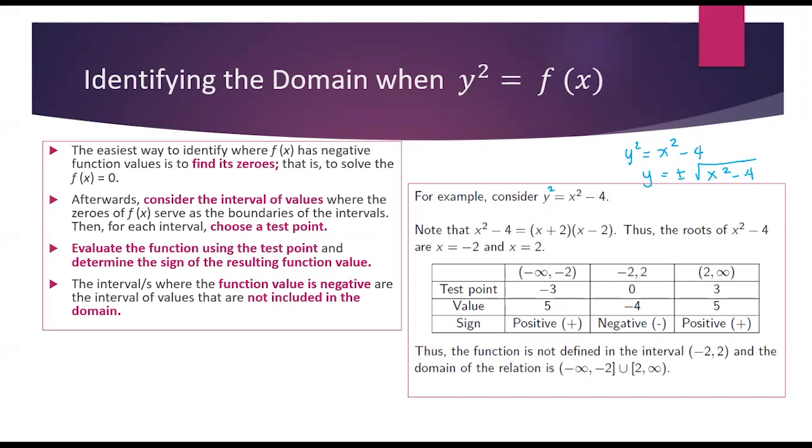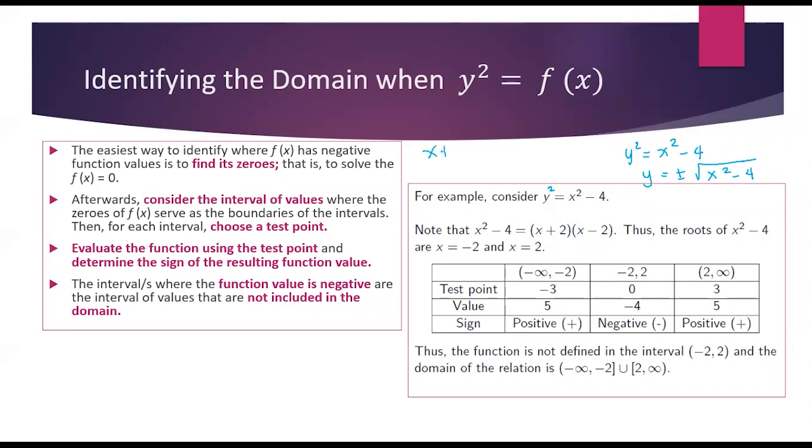So in this case, we're going to get the zeros of this function. We have x squared minus 4, which can be written as x plus 2 times x minus 2, and then equate this to 0.